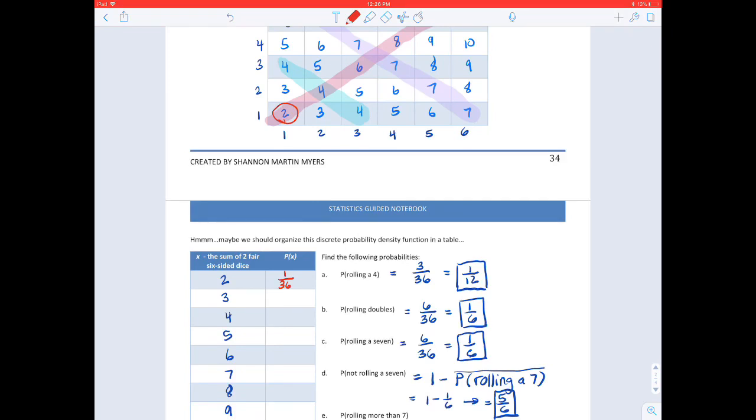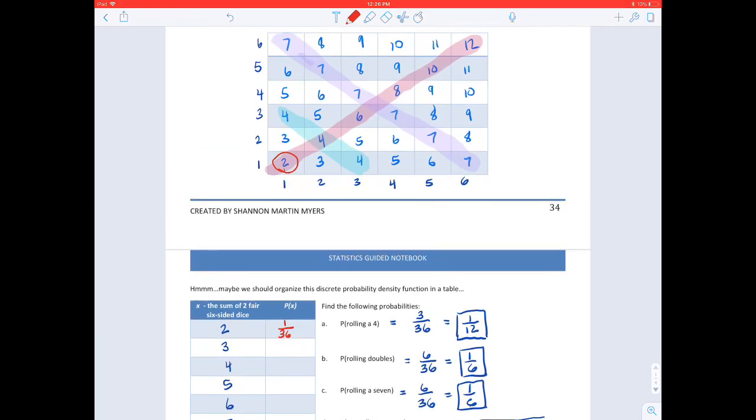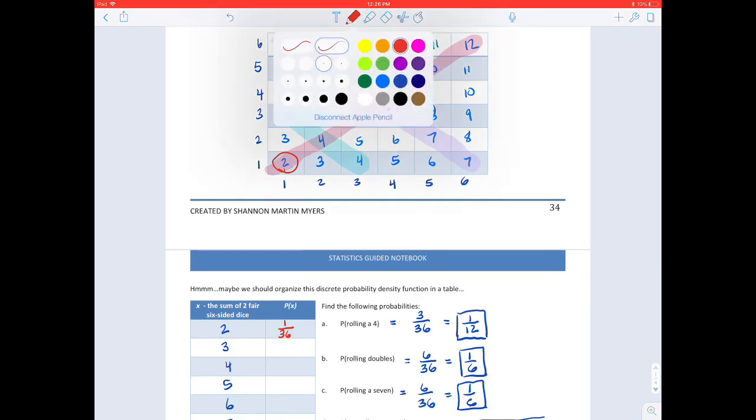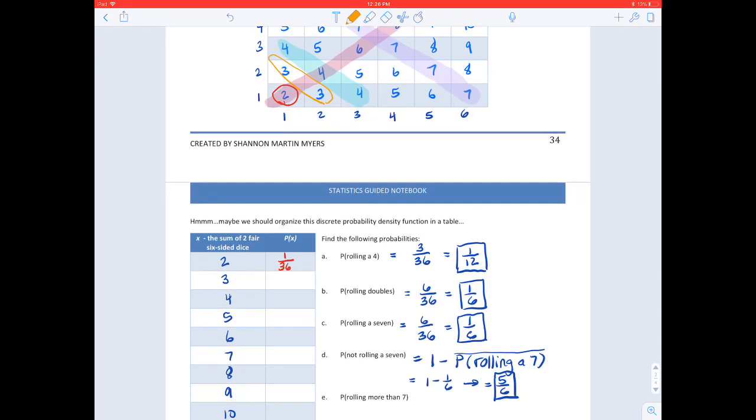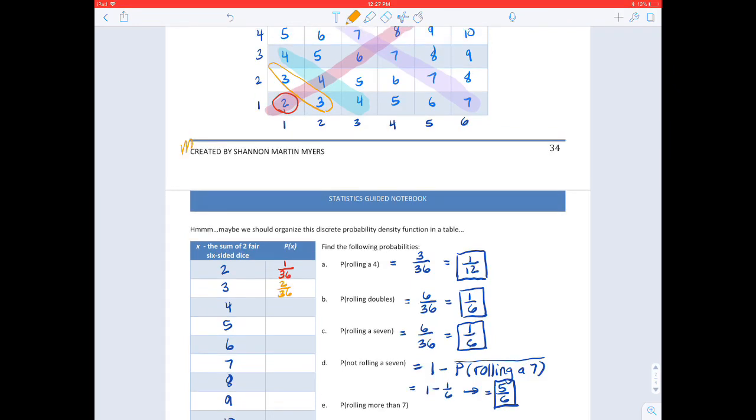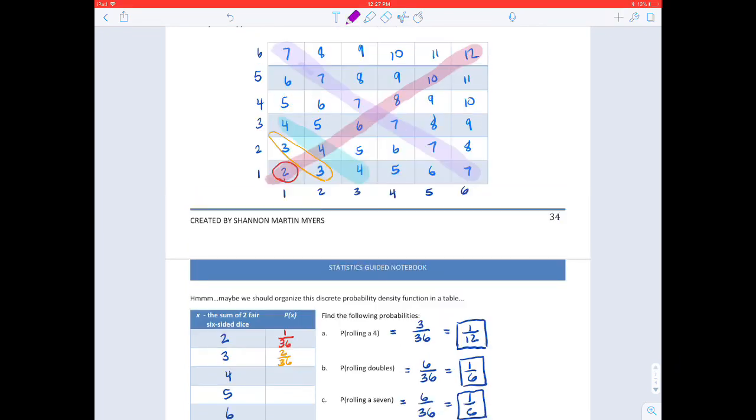Okay, so what about the probability of rolling a 3? Well, if you look here, there's 2 ways in which we can roll a 3. And so this one would be 2 out of 36. I'm not going to simplify these fractions so that it'll be easy to verify that our model sums to 1.